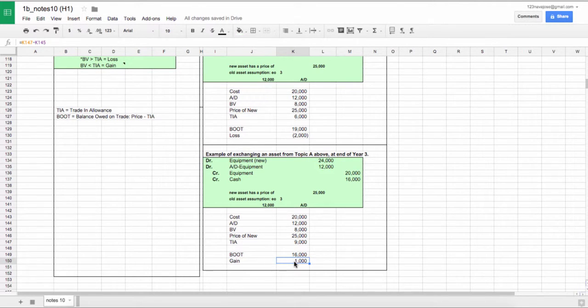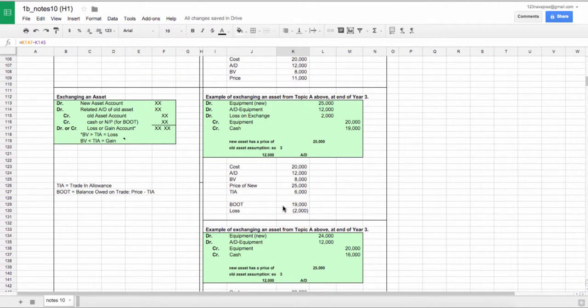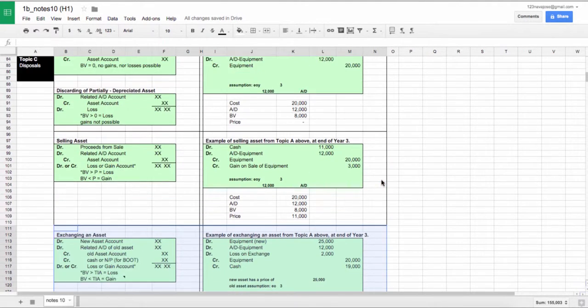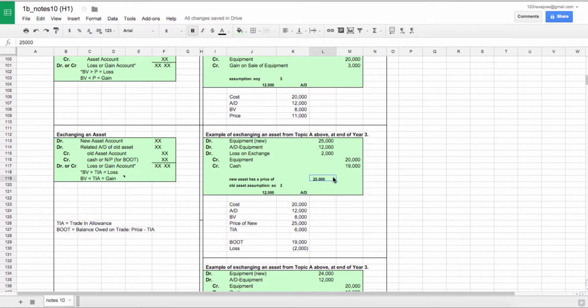Again, this last piece you don't have to know that much about for this class, so you can probably disregard it if you wish. But at least get to know how to account for the disposals via discards, via sales, and then the one with just plain vanilla commercial substance. Enjoy!